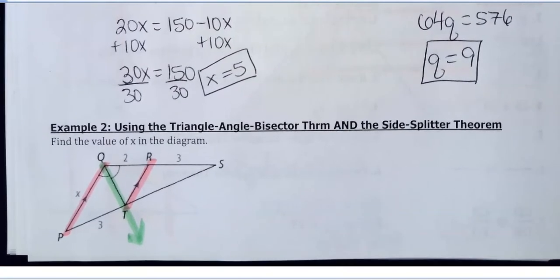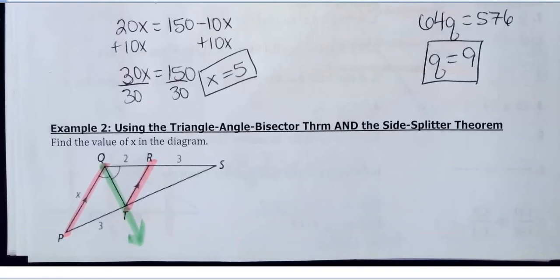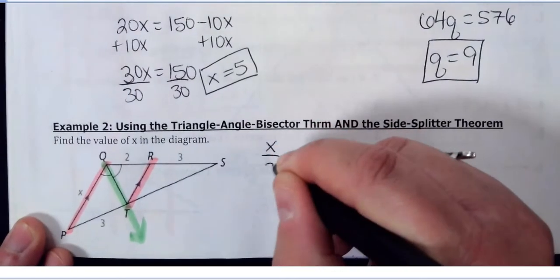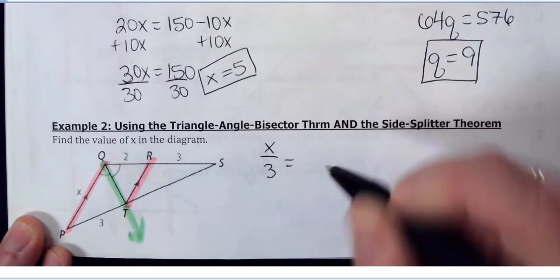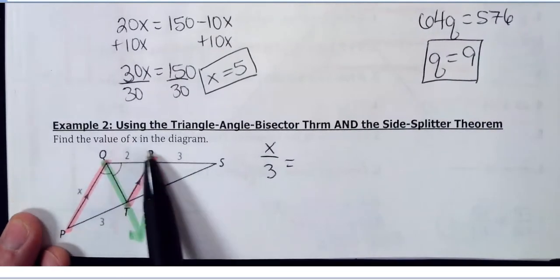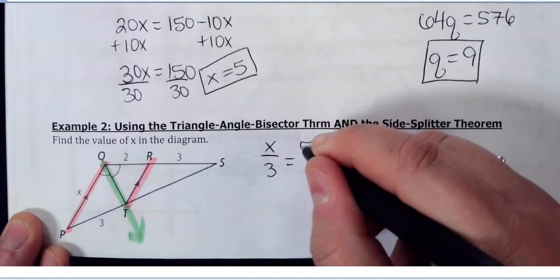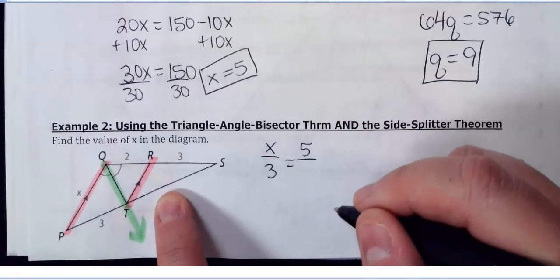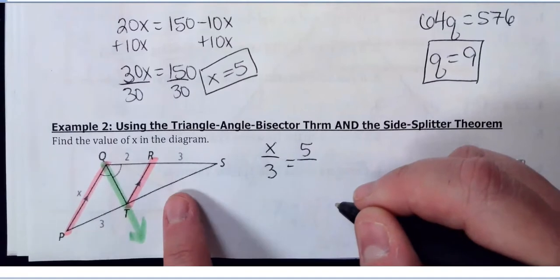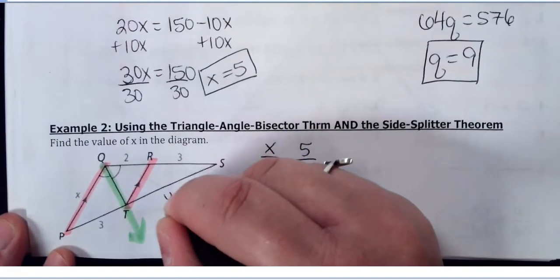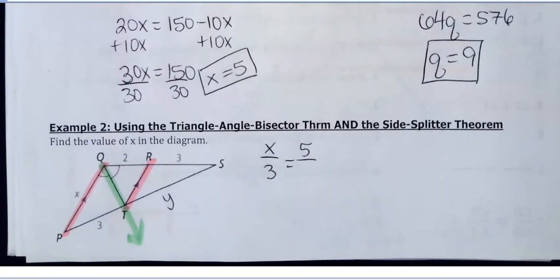Okay, now if I wanted to find x here, probably the easiest thing to do would be the triangle angle bisector, right? I could do x over 3, and then this would be kind of weird, but this whole side here would be 2 plus 3, so it would be 5. I just don't know what to put it over. So just for a second there, I'm just going to call that y for 1 second.